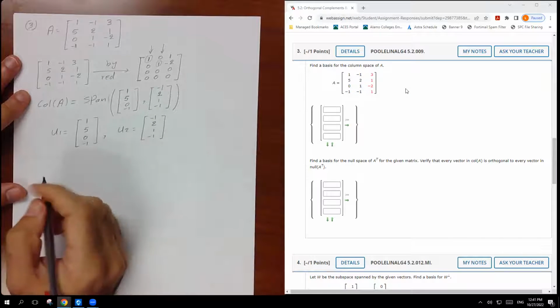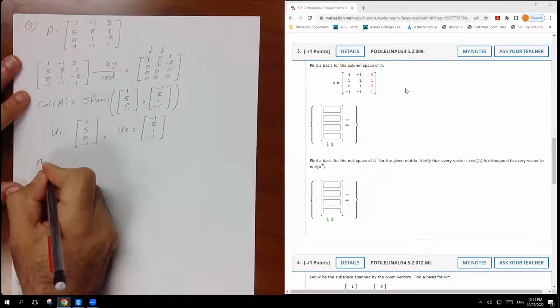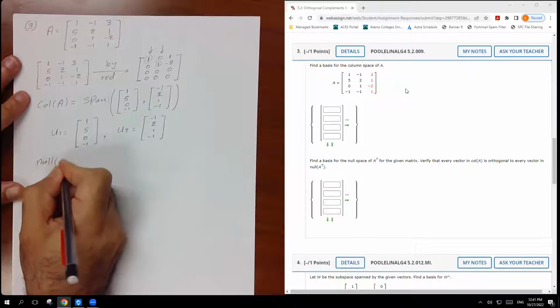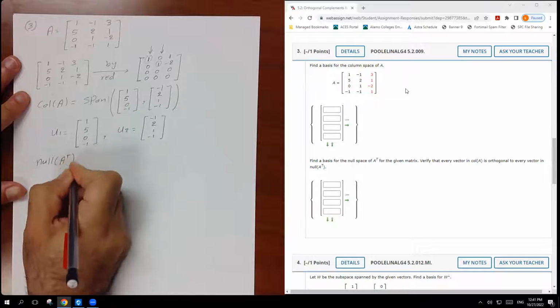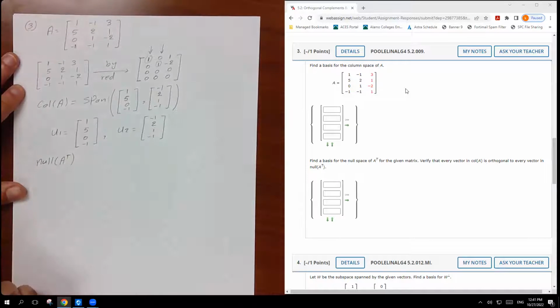The second part, we need to find the null space of A transpose. That means I need to find A transpose.